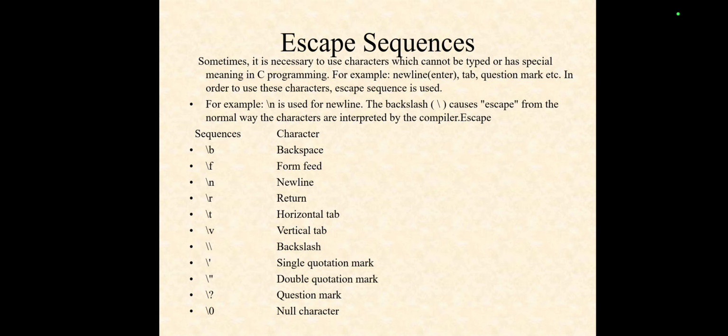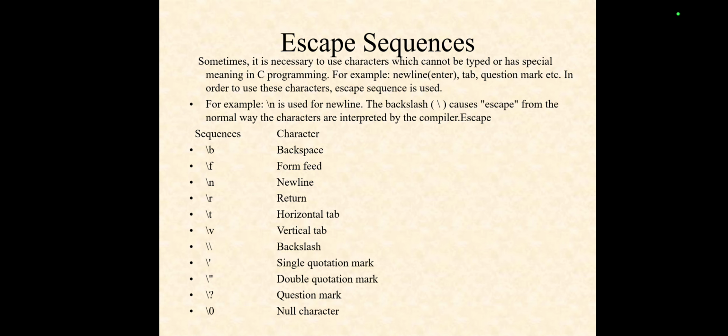Backslash n is the new line character, for showing new statements on a new line. Backslash r is used for return. Backslash t is the horizontal tab.